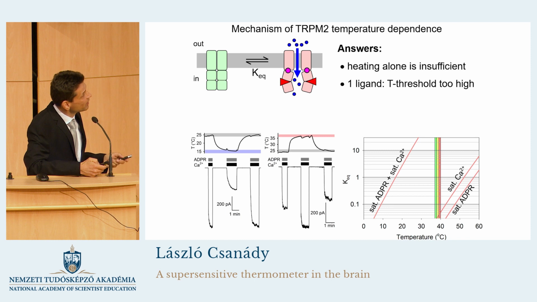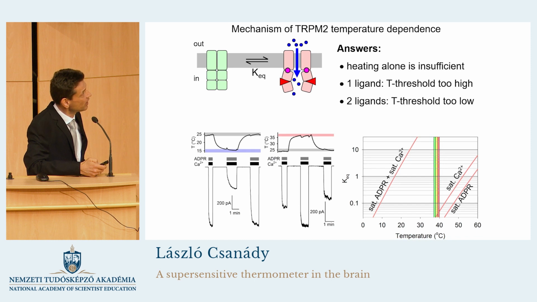And so in that case, looking at that temperature activation curve, we find that the temperature threshold is now too low. And so we reason, because the presence of ligands shifts this temperature activation curve to the left, there must exist some intermediate subsaturating concentration of ligands that shifts the temperature threshold to just an optimal range.